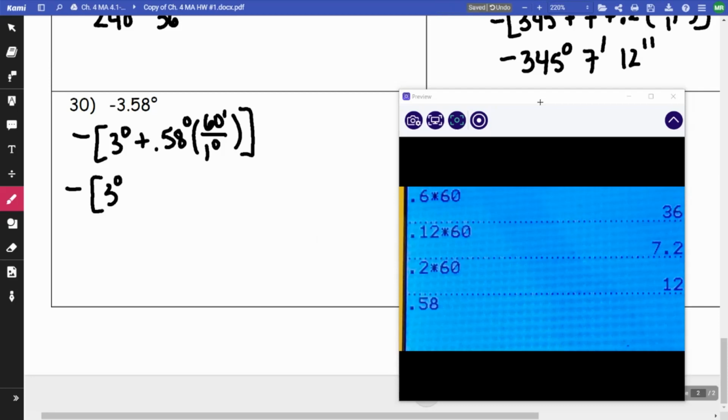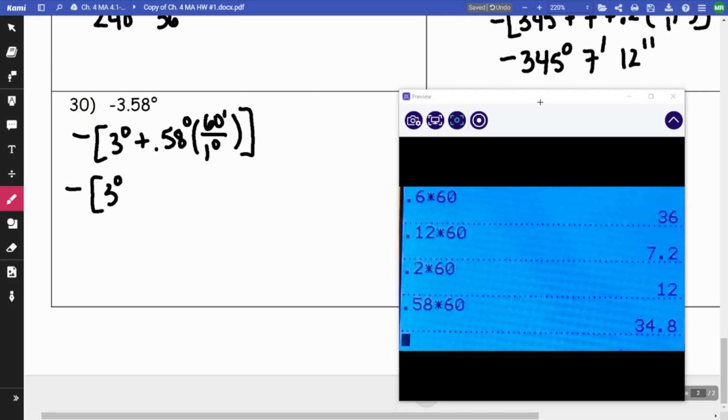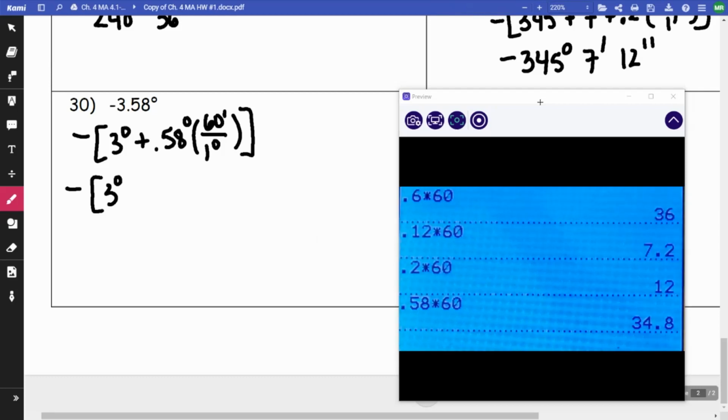Let me figure out my minutes. So 0.58 times 60 is 34.8. So what that means is I have a whole 34 minutes. And then I have a part of a minute. I have 0.8 minutes. And I'm going to change that 0.8 into seconds. So 1 minute is the same as 60 seconds.